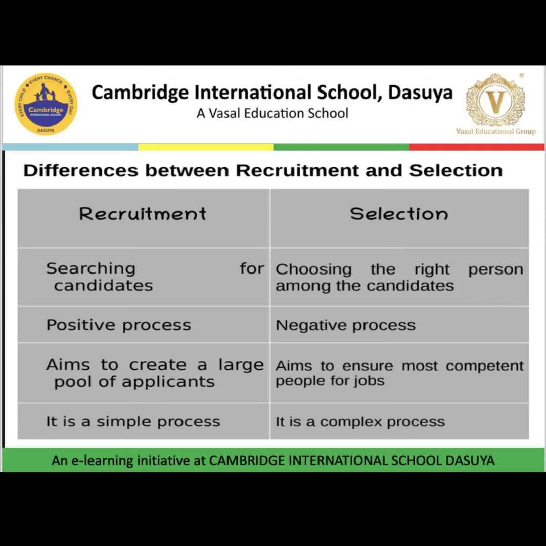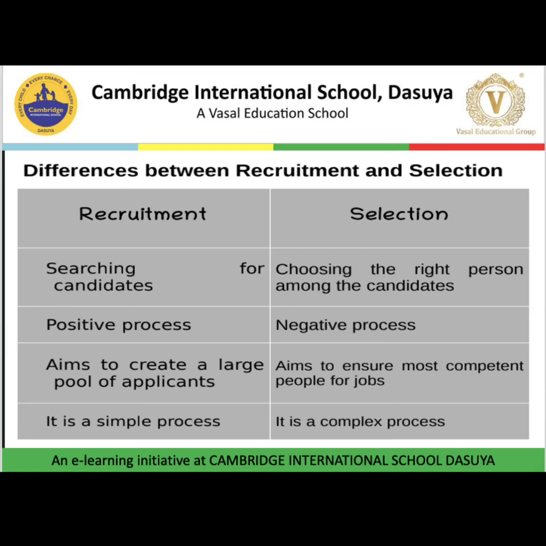And selection is a negative process because at each step of process of selection, we are going to reject the unsuitable candidate and we are going to select the best candidate only. Recruitment, its aim is to create a large pool of applicants, and selection aim is to ensure most competent, capable, suitable candidate for the given job.